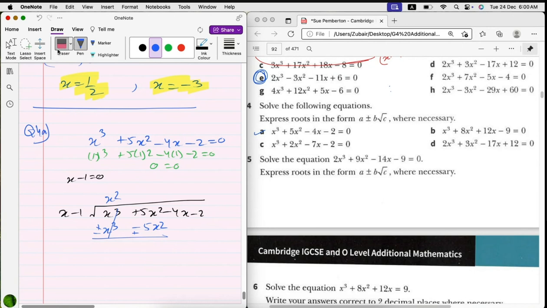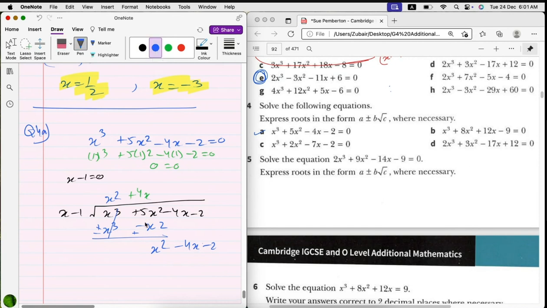Again, I made the same mistake. This is 1. 1 is minus x squared. So we're left with 4x squared minus 4x minus 2. Further multiplication with 4x gives me 4x squared minus 4x. And again, a silly mistake.